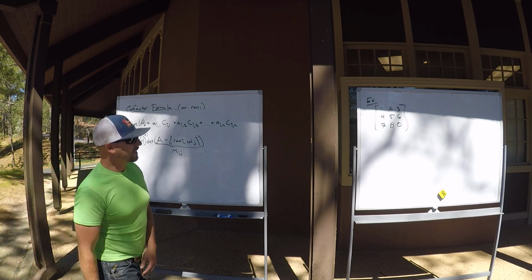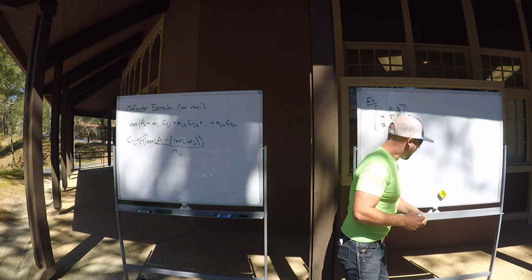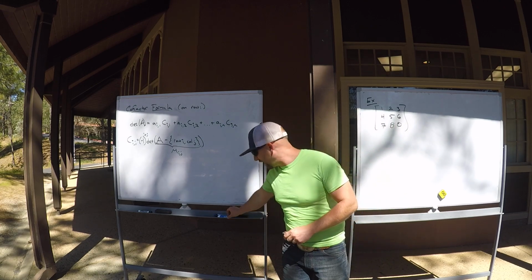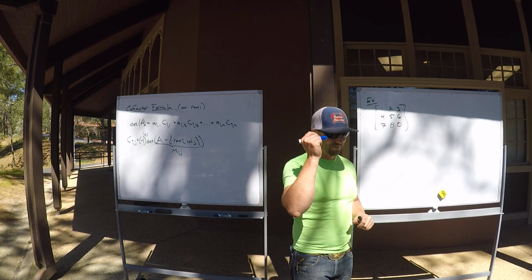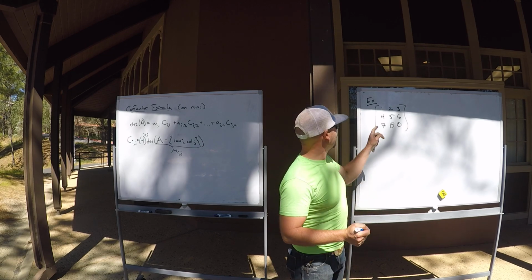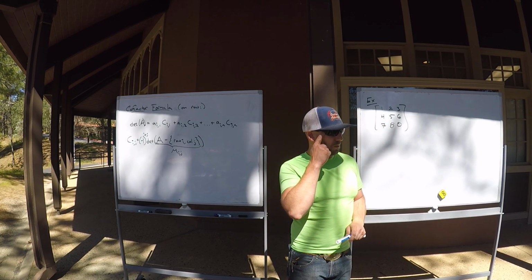In doing this, I recommend that you get yourself a pen in a different color and go through and label this matrix in alternating plus and minuses.